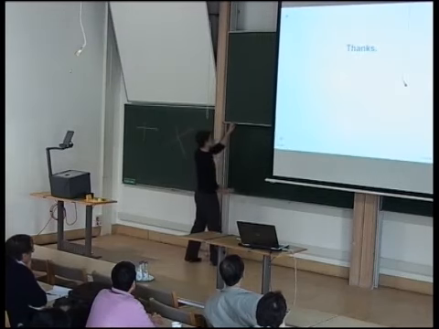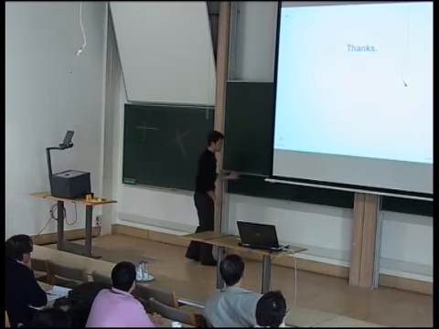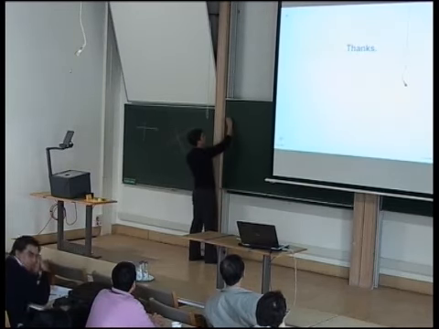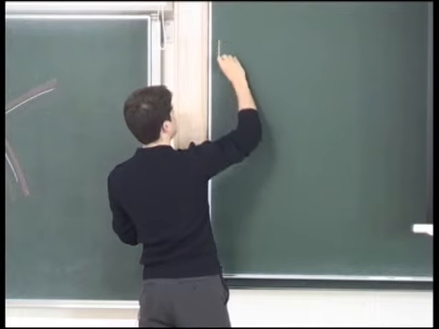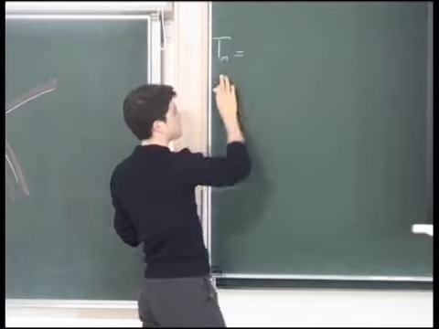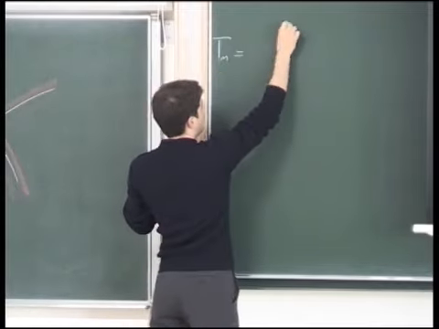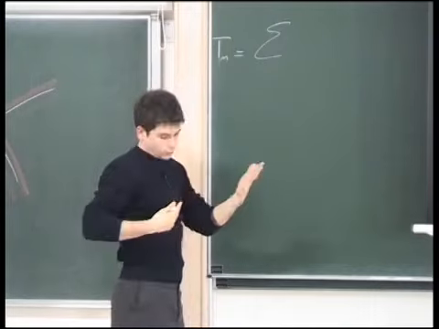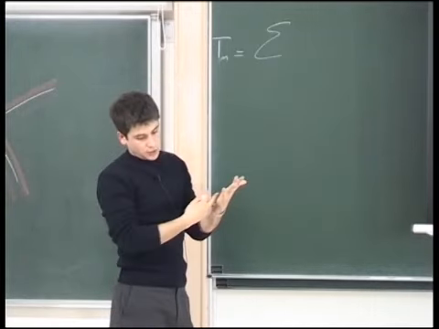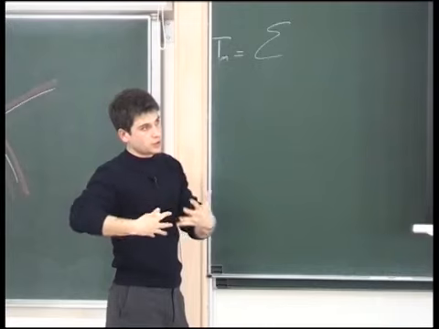If you look at what you obtain from the shuffle description, it is saying that the number of rooted maps with n edges, you say that you have a primal tree of size k, a dual tree of size n minus k, and you have to shuffle it.